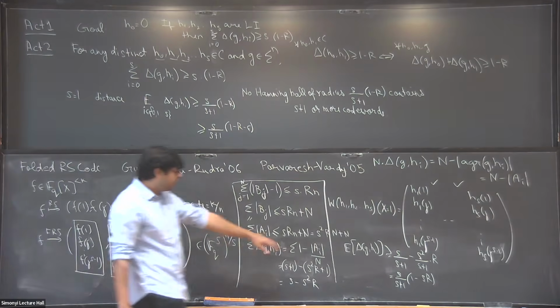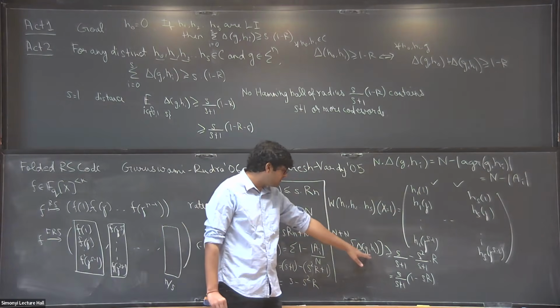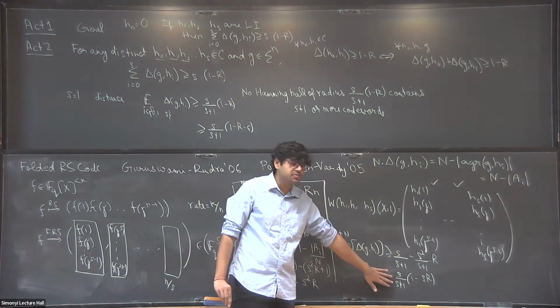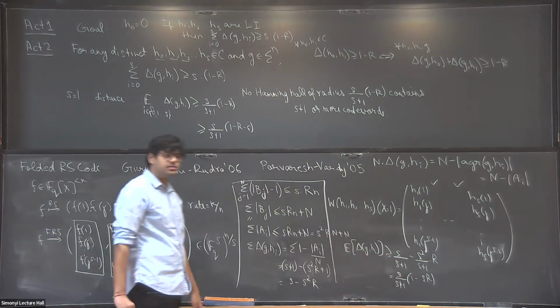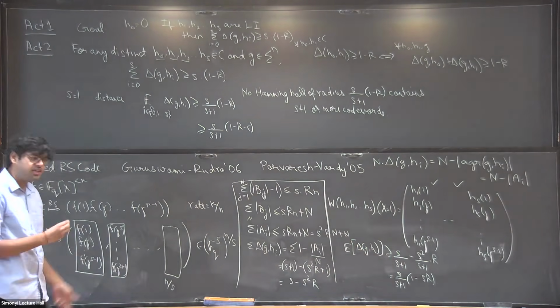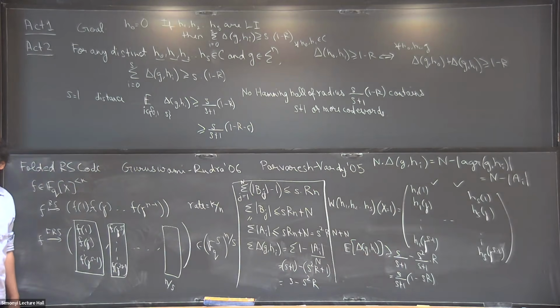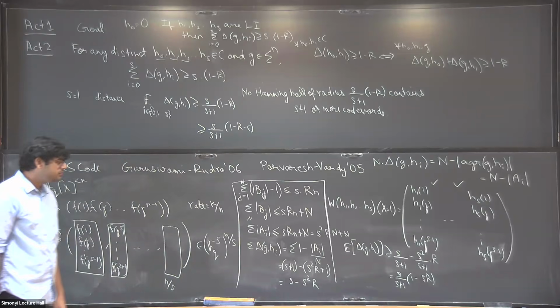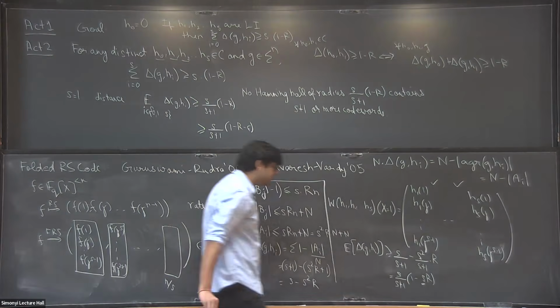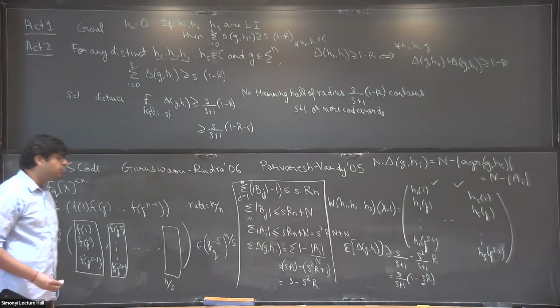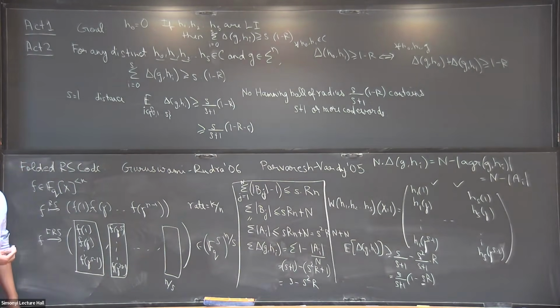It's not important. The point is that if you look at this expected value, which we wanted to be S over S plus 1 minus R, we almost got that, except for this little s factor that comes from the normalization between capital N and little n. Because the block length changed, it's off by a factor of little s. So up to this little s, we got pretty much what we wanted.